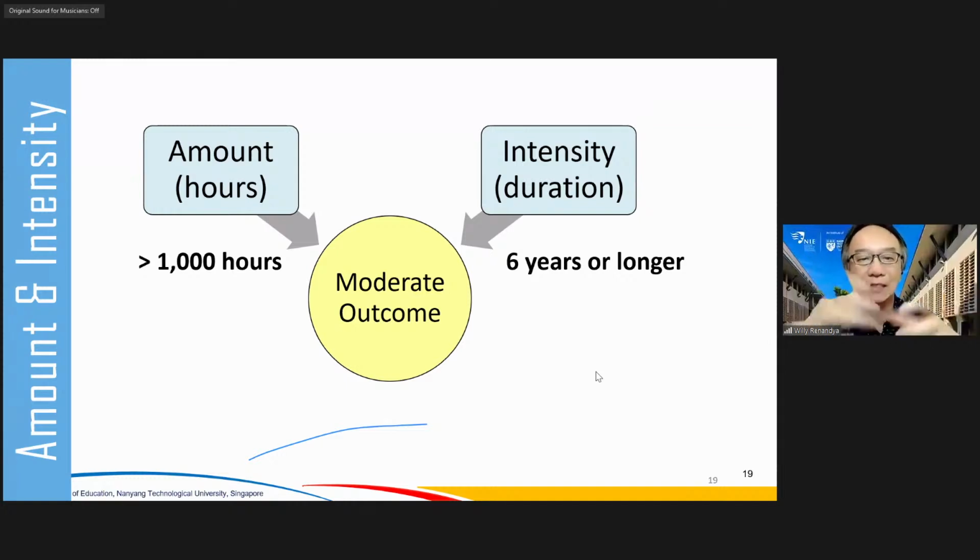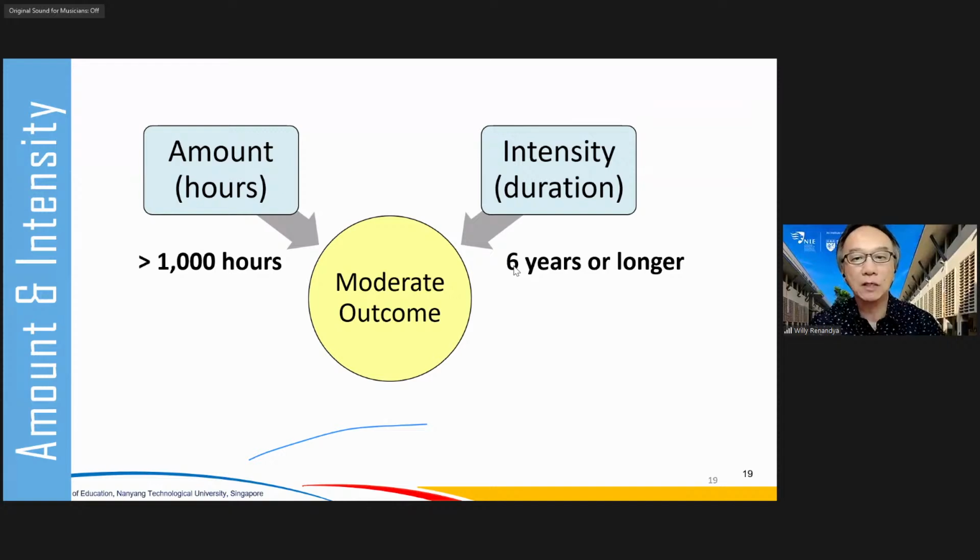So the intensity is very important to get your students to be able to remember, to consolidate what they have learned, and then to make use of what they have learned within a shorter period of time. If this is the situation, 1,000 hours, and the intensity is 6 years or longer, I think the best result we can expect is moderate, sometimes very low.